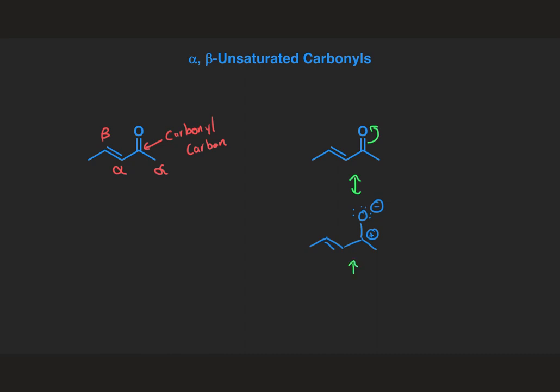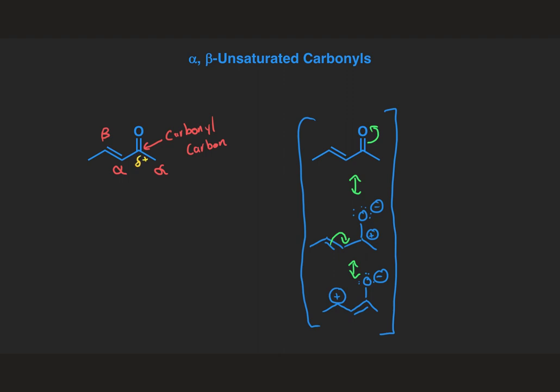But an alpha-beta unsaturated carbonyl has one extra resonance structure that looks like this. And what that does is give us a partial positive on both the carbonyl carbon and the beta carbon. So we can fill those in on the original structure.